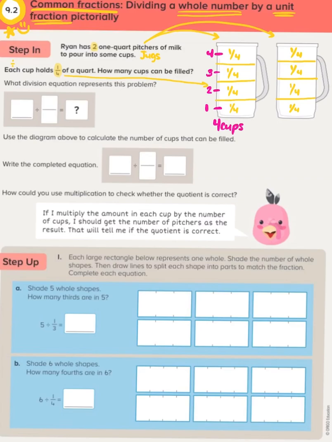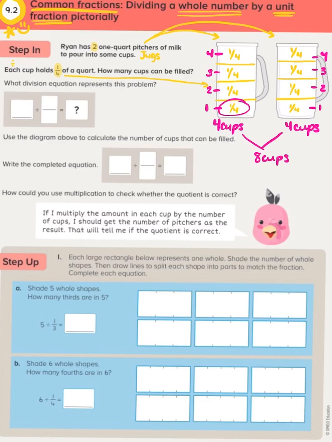I have 2 jugs or 2 pitchers. So this one can also fill up 1 cup, 2 cups, 3 cups, 4 cups. So I have 4 cups and 4 cups, so 2 pitchers together can fill up 8 cups of milk, right? Because each of these is 1 cup of milk.